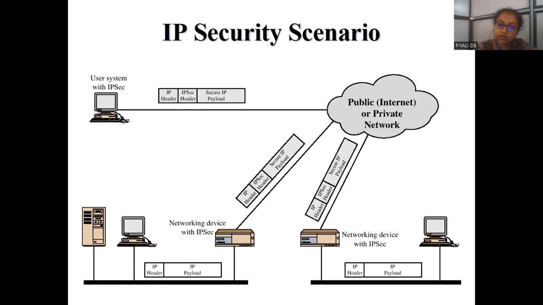These IPsec enabled routers will remove the IPsec header from the original packet, and only the IP payload and the IP header will be delivered to the host. And on this side, the same thing: this device will remove the IPsec header, and only the secure payload and the IP header will be delivered to the host.